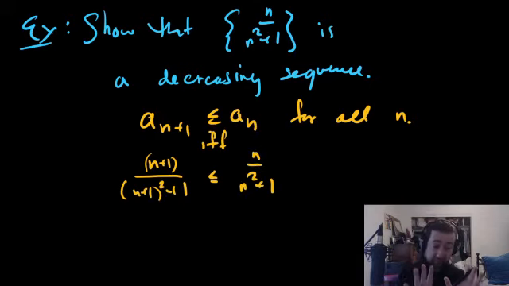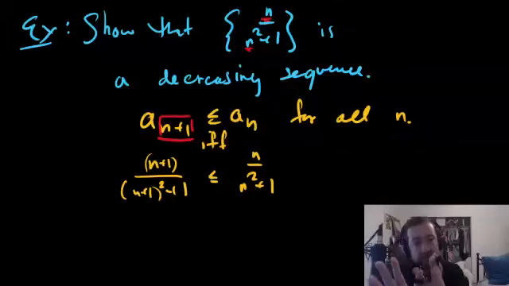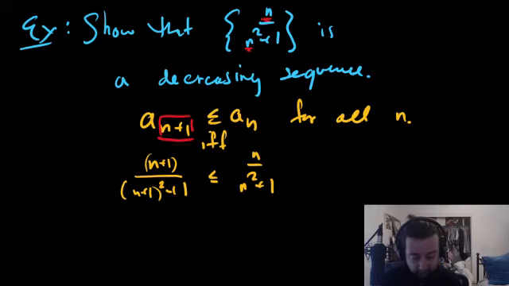There's going to be a lot of this where we take formulas and plug a different index into the formula. Notice here that I've just replaced the n's with n+1 because I'm taking the index of that term and putting it into the explicit formula that generates that term. So this is a_(n+1) and this is a_n.